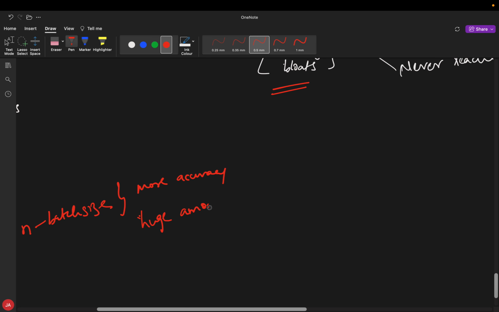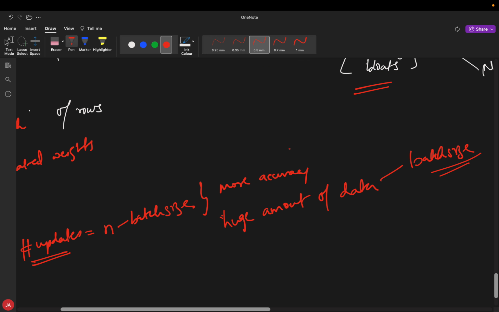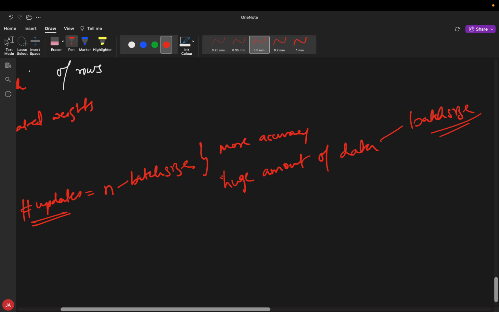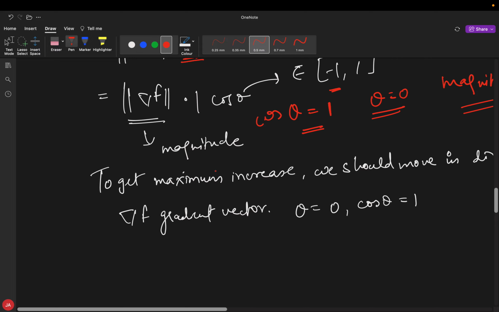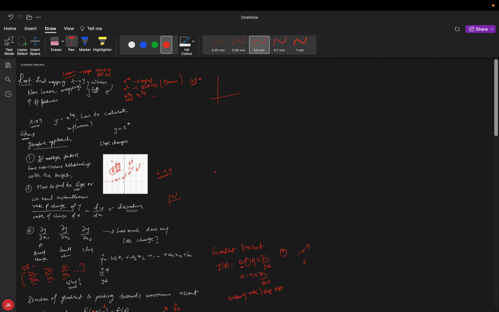It can also deal well with a huge amount of data, though it introduces a hyperparameter, the batch size, which the data scientist needs to fine tune, but it can output with more accuracy and handle huge amounts of data. So this is gradient descent in summary.